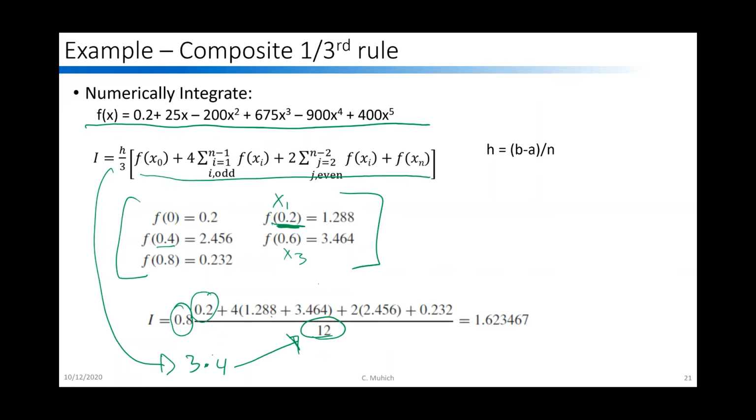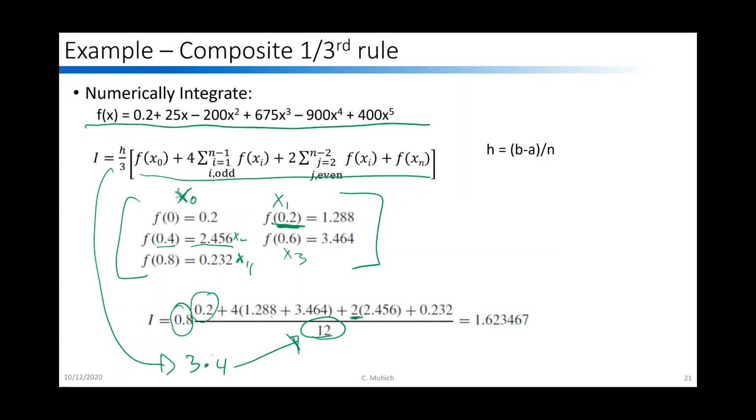I now move on to my even points, shown here in the left-hand column, so x0, x2, x4, and we can pull out these pieces. So I get a 2 out front because it's even, then I pull out my first even data point, that's 2.456. I don't have any more even data points.